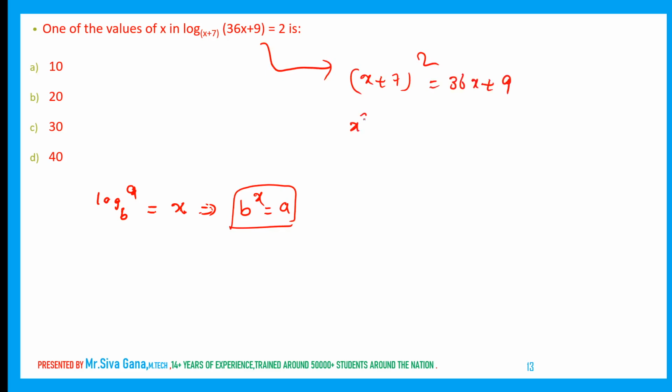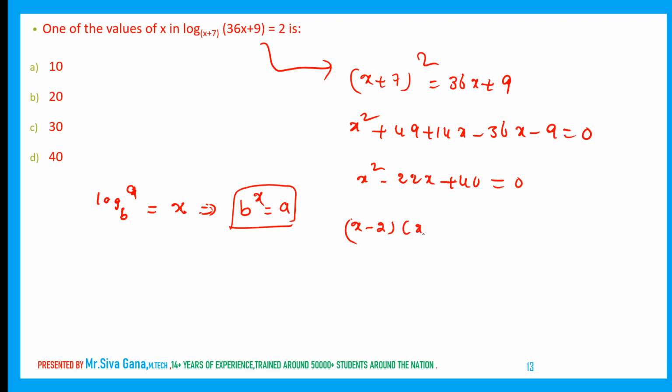So x square plus 49 plus 14x minus 36x minus 9 is equal to 0. So x square minus 22x plus 40 is equal to 0. That is (x minus 2) into (x minus 20) is equal to 0. X will be 2 comma 20. One of the values is 20, which was there in the options.